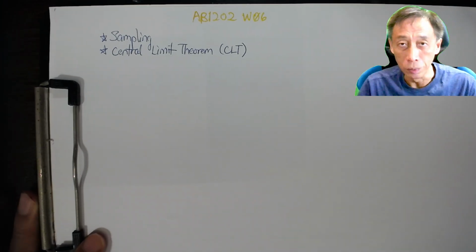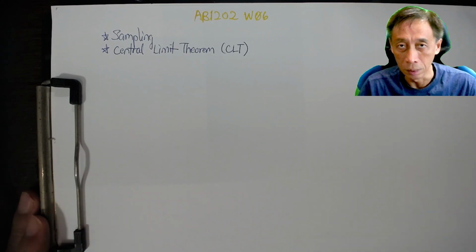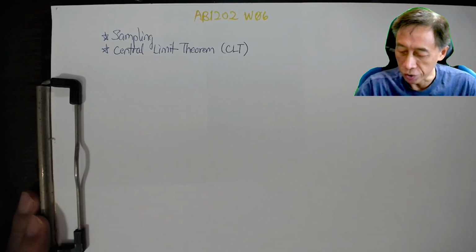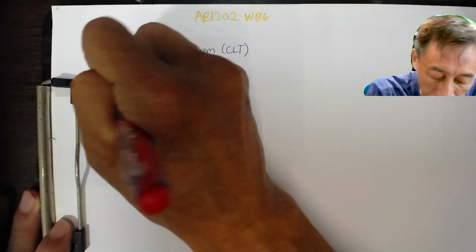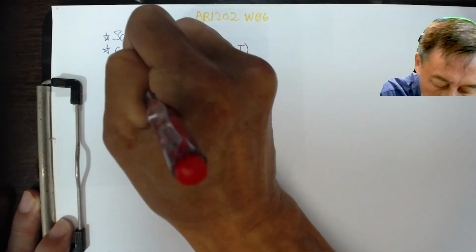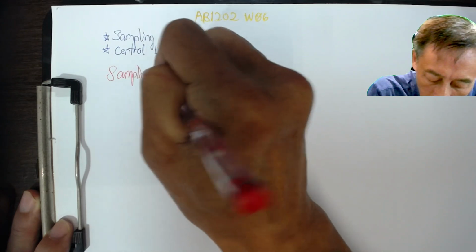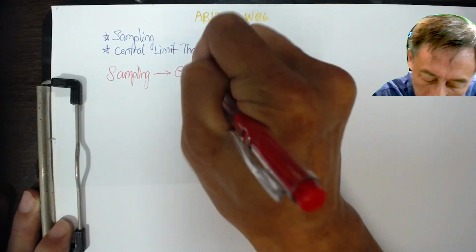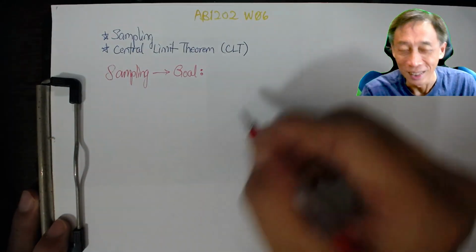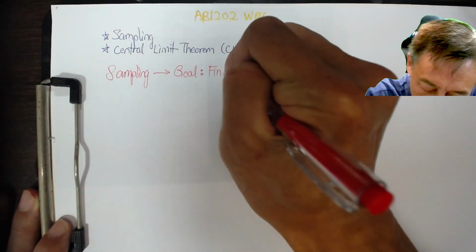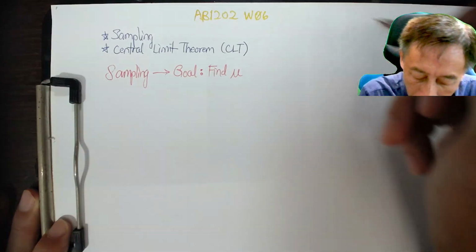Just to bring out the whole gist of even talking about this concept, sampling, we do sampling because the goal, right, is to find mu, the population mean.